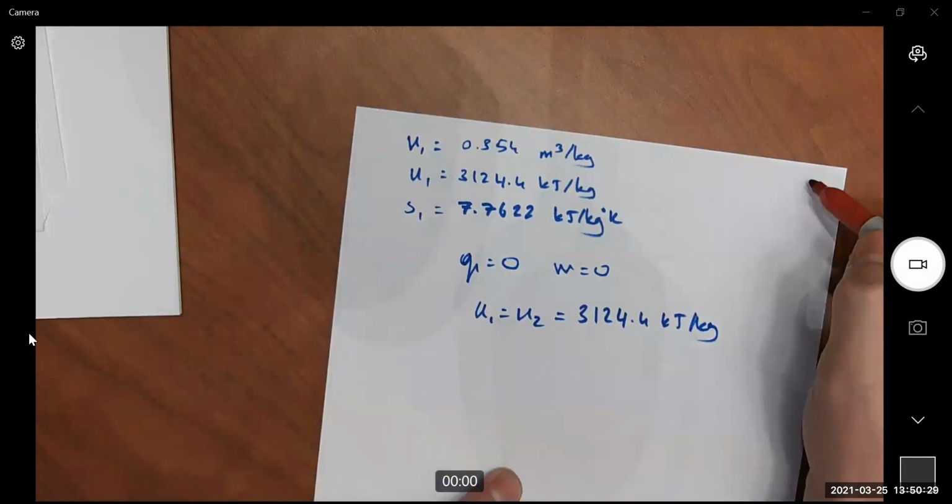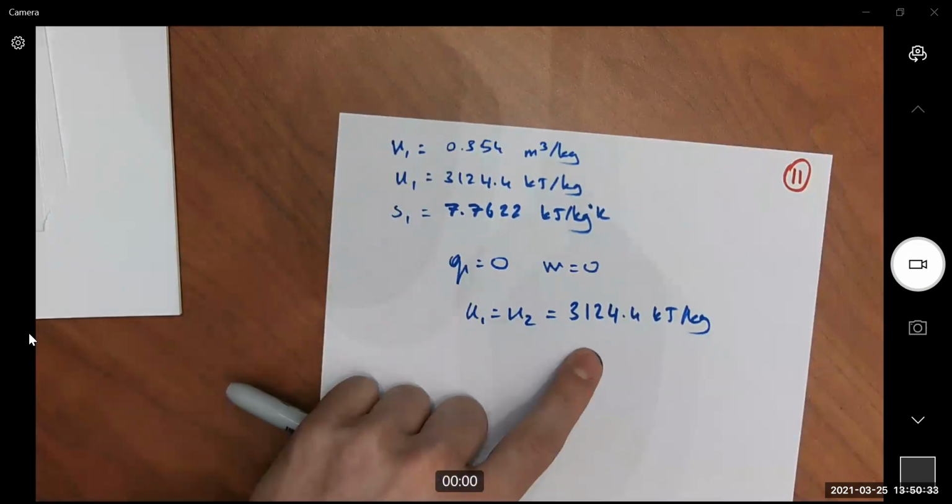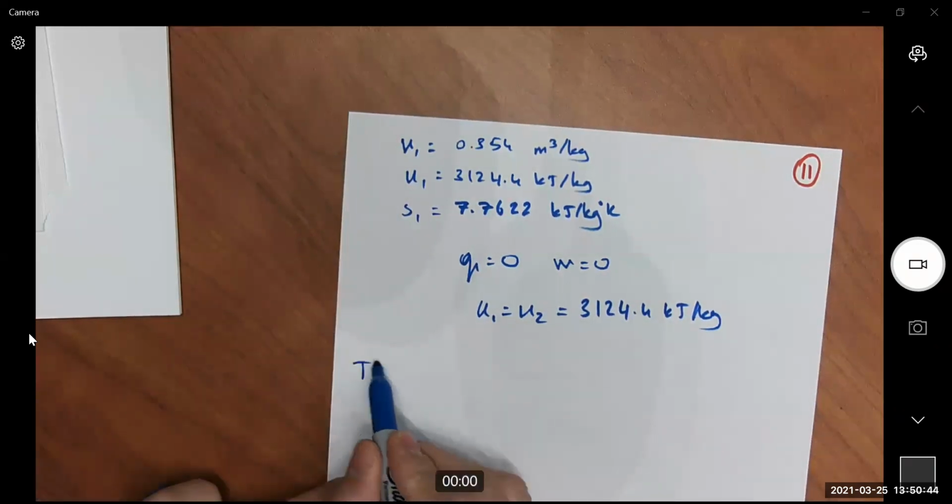Now I can find my condition. At 1 bar, with that internal energy, what is my phase? I can determine my phase, and to determine my phase, I can find my temperature.